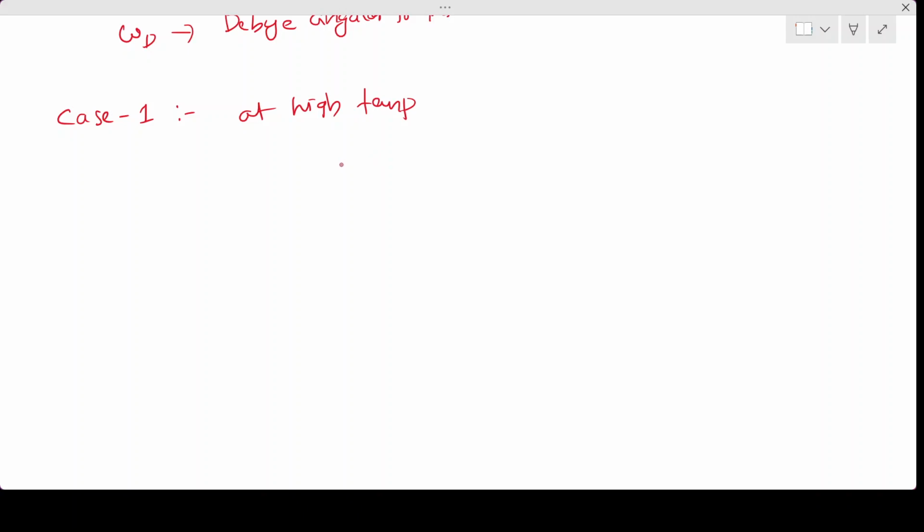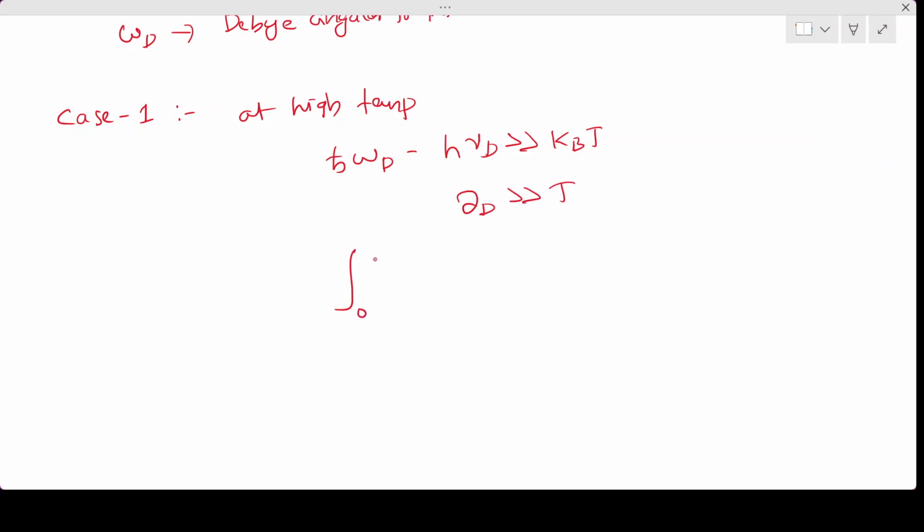At high temperature, h nu D, and this is h not h bar, you should not confuse that, is very much greater than kB T. That is, theta D is very much greater than the applied temperature T.